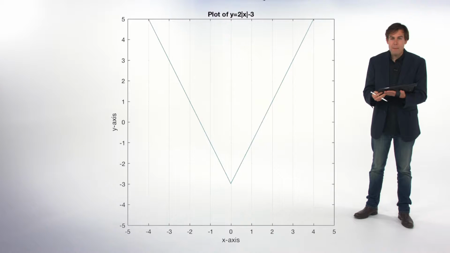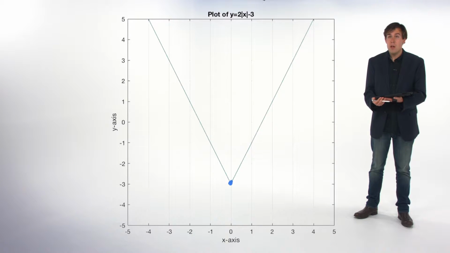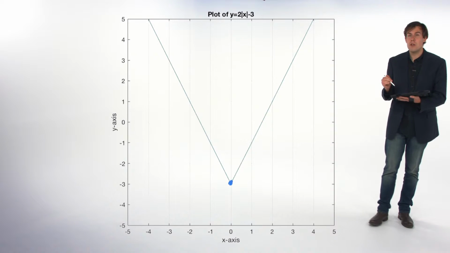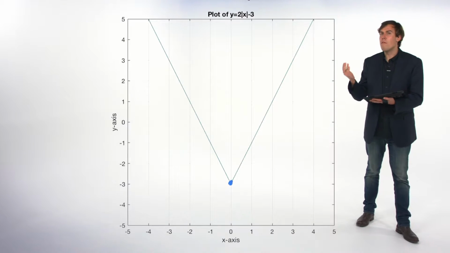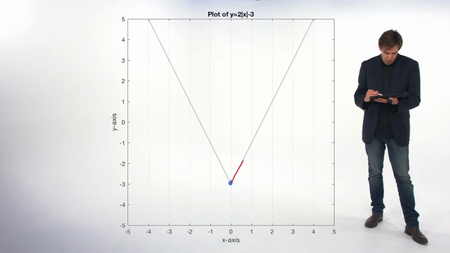We can look at what happens if we multiply it by 2 and translate. We just shift this V around. Here we've shifted down by 3 so that at the value x equals 0, I get the value negative 3. And then what does this 2 multiplier do? Well, it changes the slope of the line, right? So this line here now has slope positive 2, whereas before it had slope positive 1.